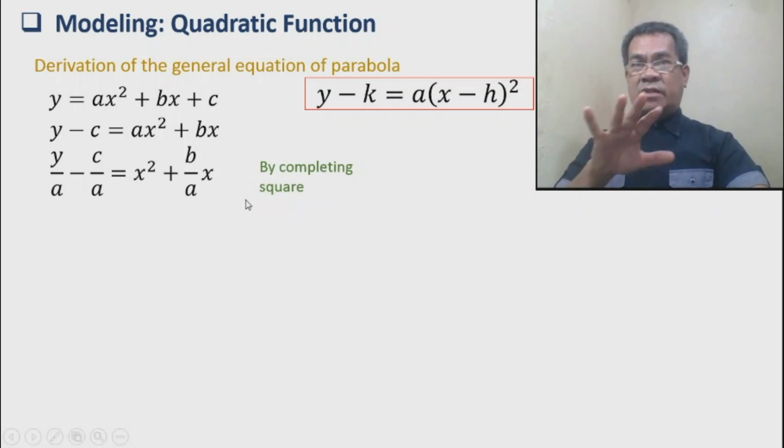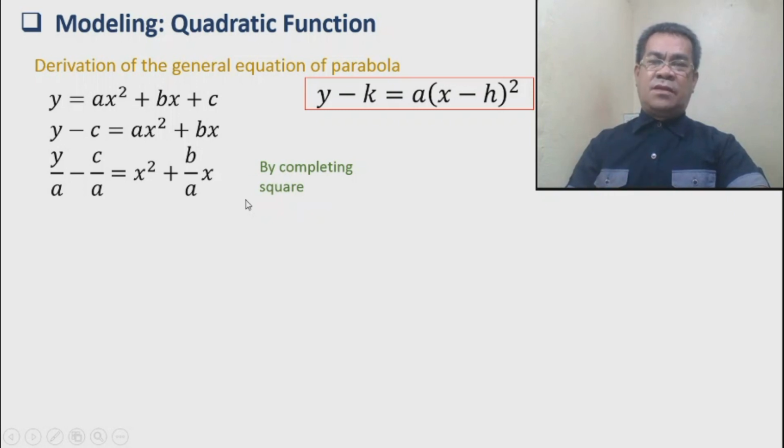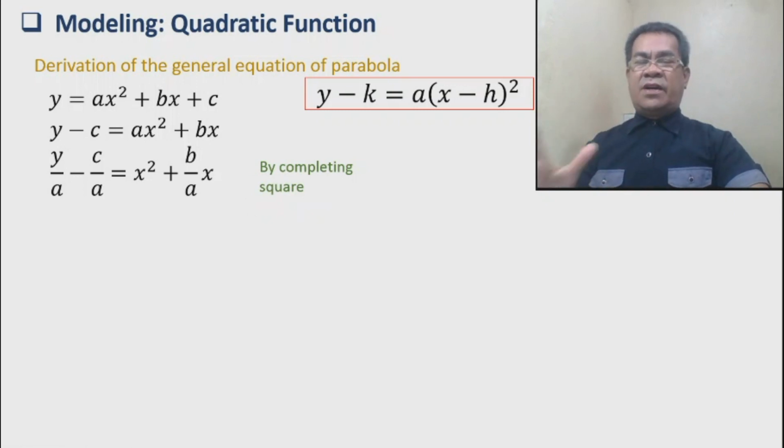Remember, the perfect square trinomial has a factor which is the square of a binomial. So, vice versa, if you square a binomial, the result is a perfect square trinomial. For example, this one, x minus h raised to 2. This is a square of a binomial.